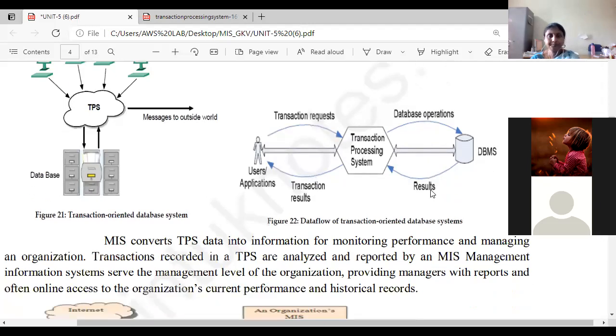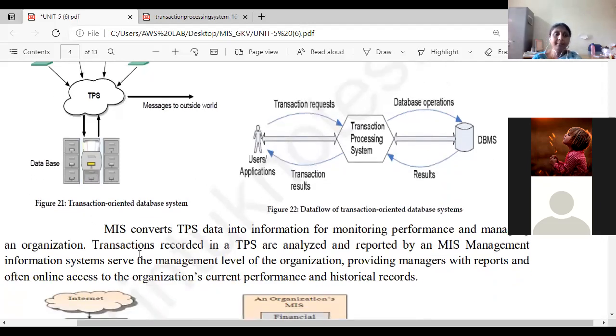Okay. Now what is this MIS doing here? Your management information system is converting transaction processing system data into information for monitoring performance and managing an organization. It converts this transaction processing system data into information for monitoring purposes and managing an organization.